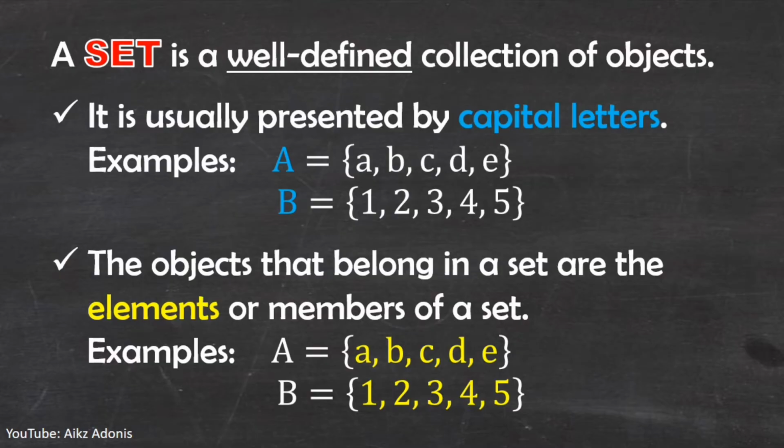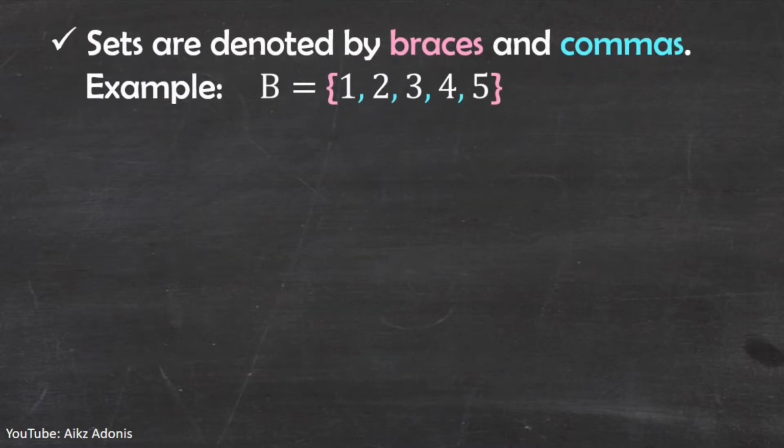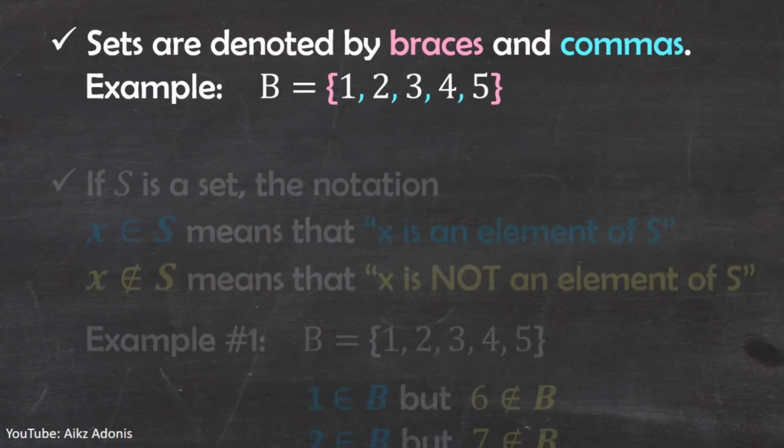For example, in set A, the elements are A, B, C, D, and E, while in set B, the elements are 1, 2, 3, 4, and 5. Sets are also denoted by braces and commas. The symbol for braces is in color pink in the example, while the commas are in blue-green.